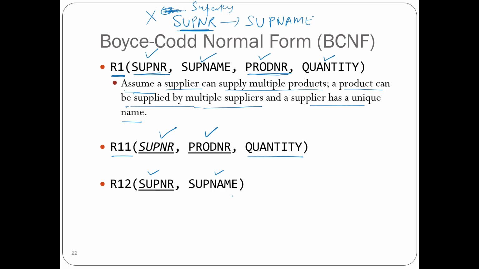For the first relation R11, there's no problem, because the functional dependency is supplier number, product number to quantity, and on the left hand side, X is a super key. For the second relation, the functional dependency is from supplier number to supplier name, and again supplier number is a super key for R12. So now R11 as well as R12 are in BCNF.